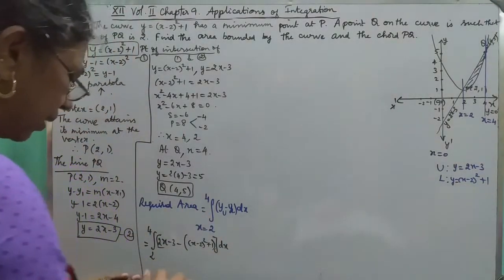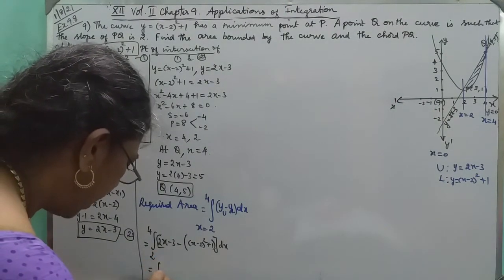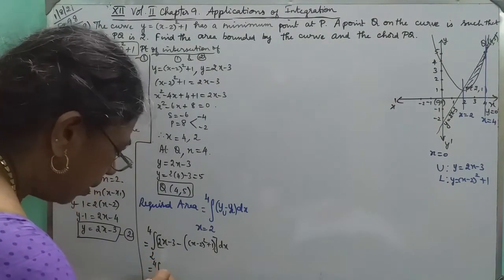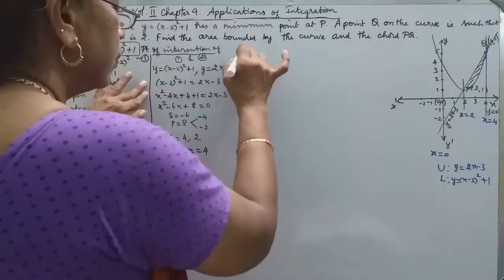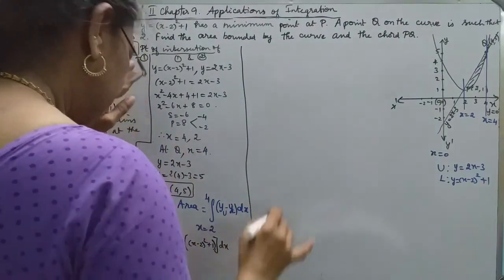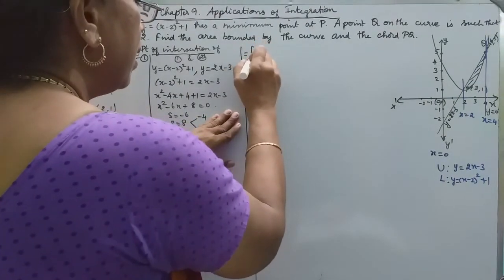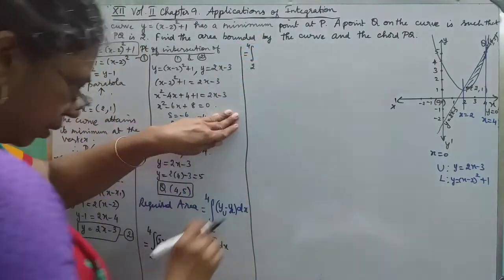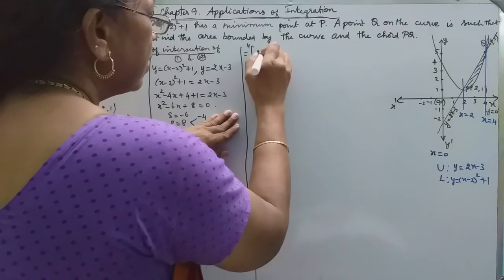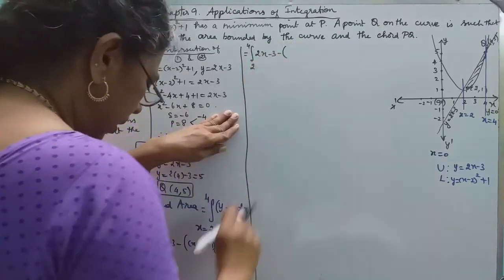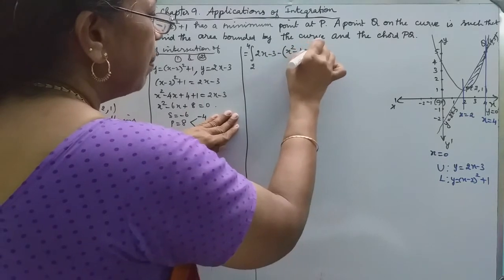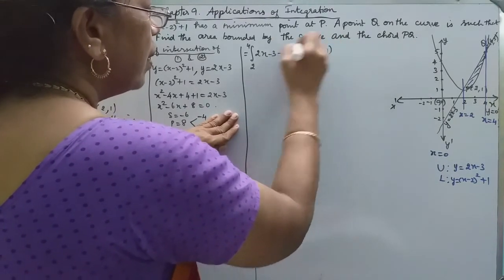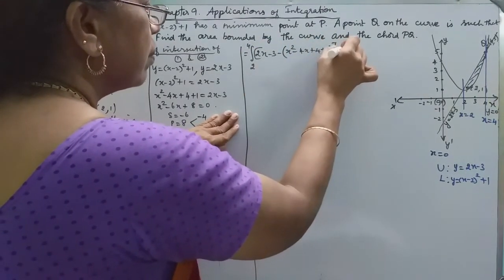So we have to expand this. That is equal to integral 2 to 4 of 2x minus 3 minus, expand this, x square minus 4x plus 4 plus 1, and outside we have dx.